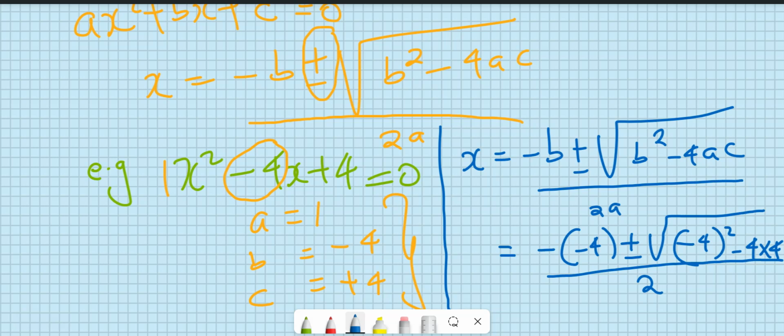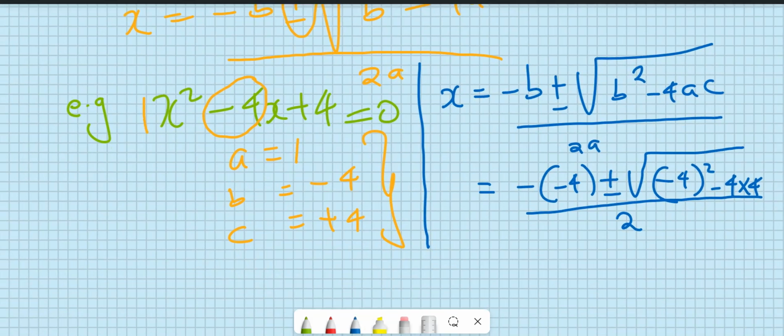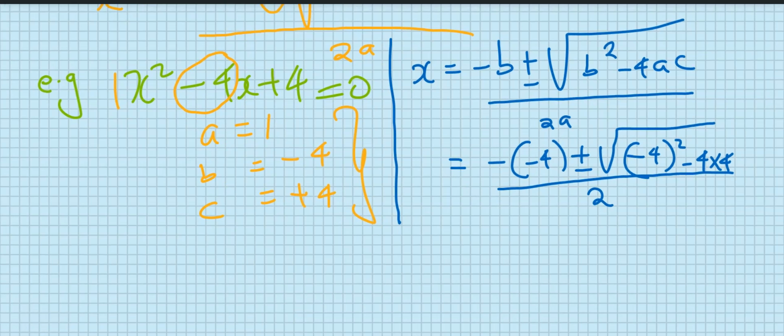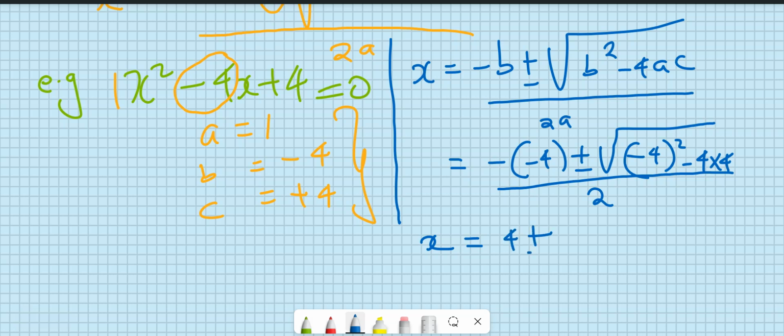So we proceed. Now what is x? x will be given by negative b. Negative of negative 4 is 4, plus or minus the square root of negative 4 squared.